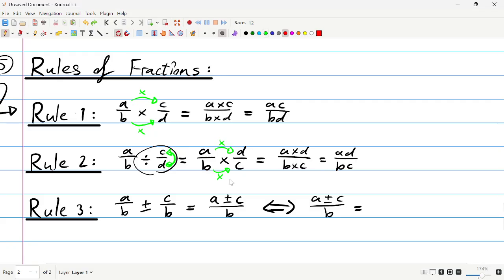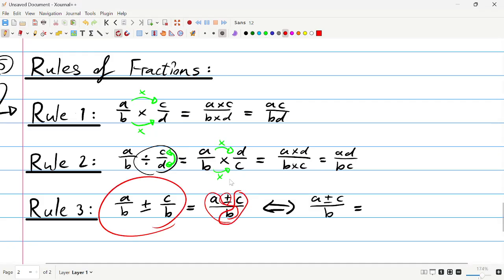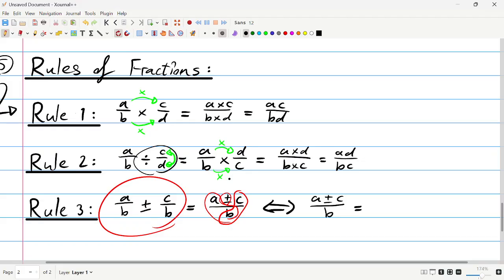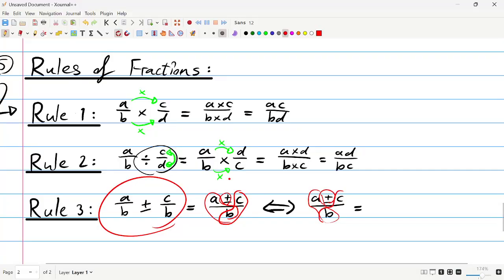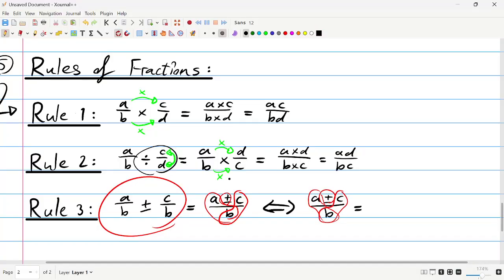So that is what we are going to do. Let me actually keep that over here. Therefore, we are going to do the exact same thing. We're going to say A over B plus minus C over B. We can break it up that way as well.